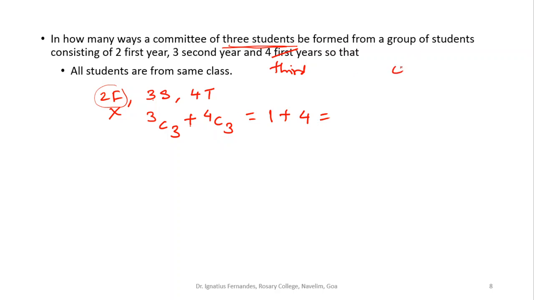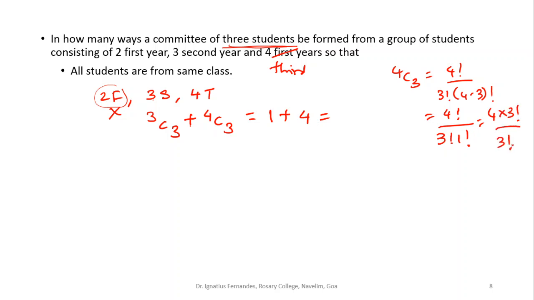Of course, you may calculate this and see 4C3 is 4 factorial upon 3 factorial into 4 minus 3 factorial, which is 4 factorial upon 3 factorial into 1 factorial. 4 factorial is 4 into 3 factorial upon 3 factorial, as it cancels. You will get this 4. 4 plus 1, 5. So there are a total of 5 ways I can form a committee such that all are from the same class.